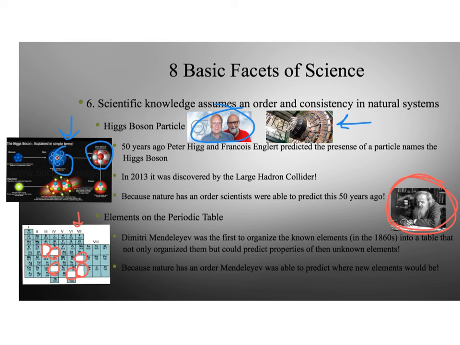And because scientific knowledge assumes an order and consistency in the natural system, he was able to predict not only what size those elements were, but also how they would behave. And he was totally correct. So it's cool that there's order and consistency in our natural world, and we can take advantage of that.